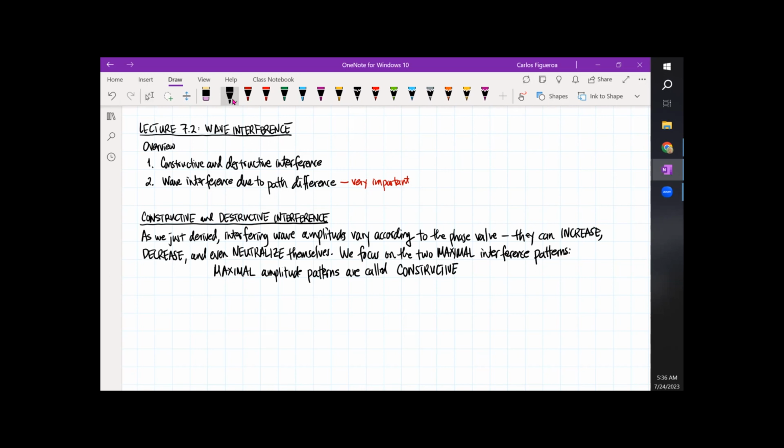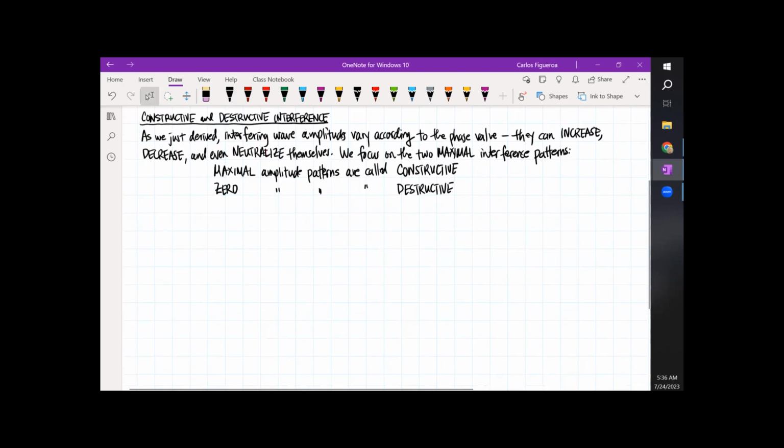Well, if I have zero amplitude, those patterns are called destructive. Now note that there are other values that we can have, but those are the two that we primarily focus on.